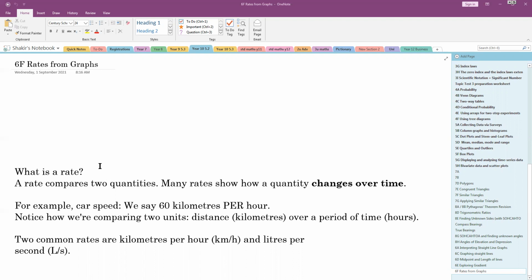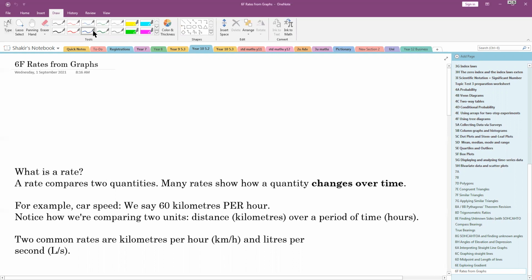There are two units of measurement here, kilometers. And I'll pull out my pen. So there's car speed. We say 60 kilometers per hour. Notice that you have kilometers, which is how you measure distance, so that's distance per hour.